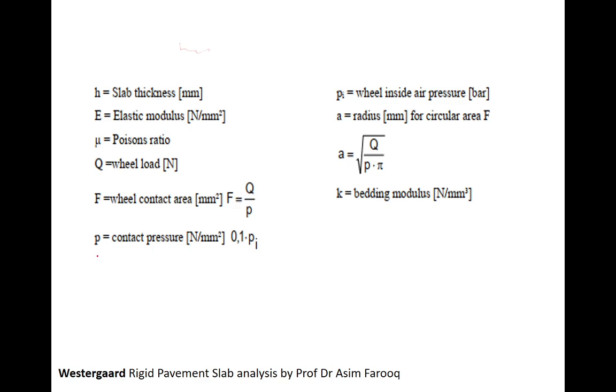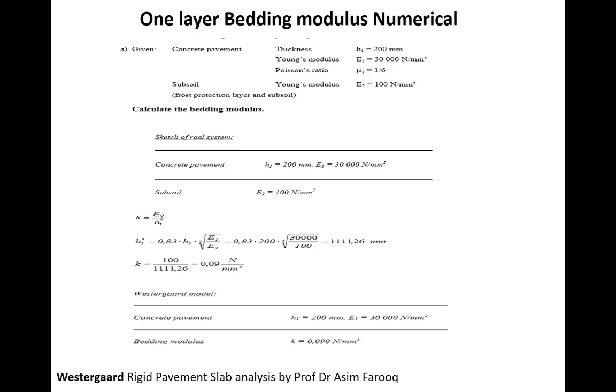For example, if you want to apply the Westergaard slab theory at the center, edge and the corner, there are different parameters: H is the slab thickness, E is the elastic modulus, mu is the Poisson ratio, F is the wheel contact area, while P is the contact pressure between the wheel load and the road surface, and so on.